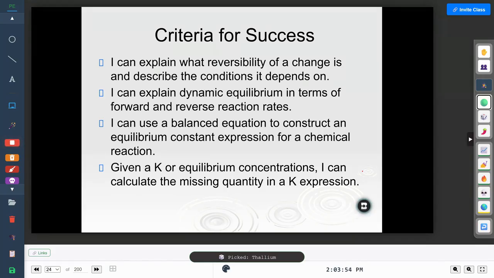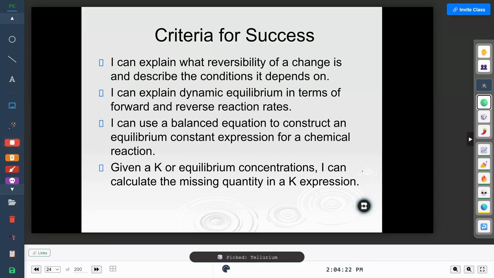All right, so now you have been able to tell me what the reversibility of a change is and describe the conditions it depends upon. So let's go ahead and call on you, and you can help me put that into words. Tellurium. What is reversibility of a change, specifically chemical change, and what conditions does it depend upon?